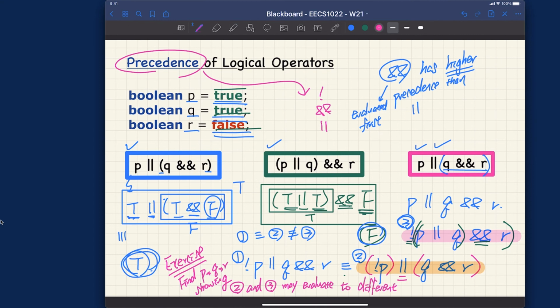Maybe one of them is true and the other one is false. That's what I meant. That will be an exercise for you, pretty much like what I did over here. Do the exercise on your own, and if you have trouble, speak to me.